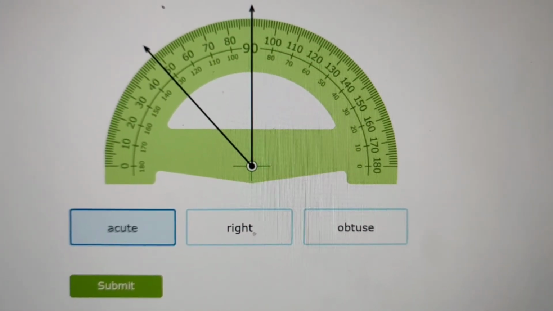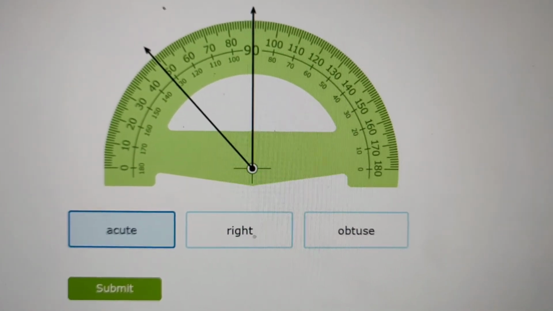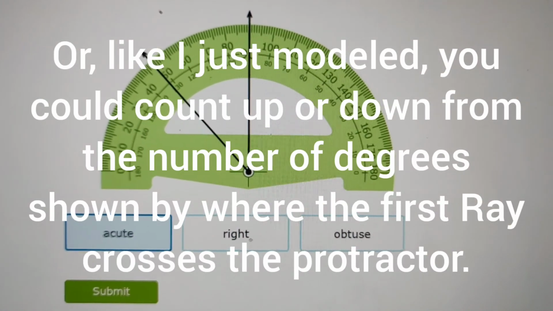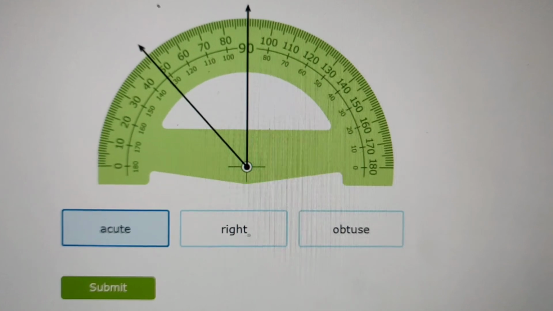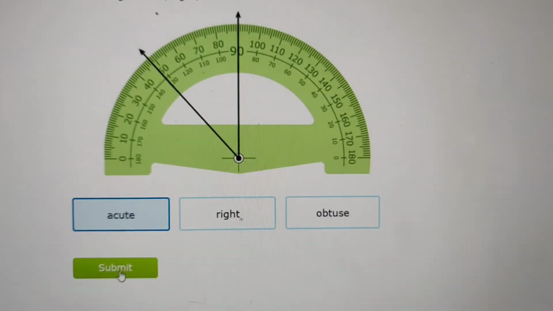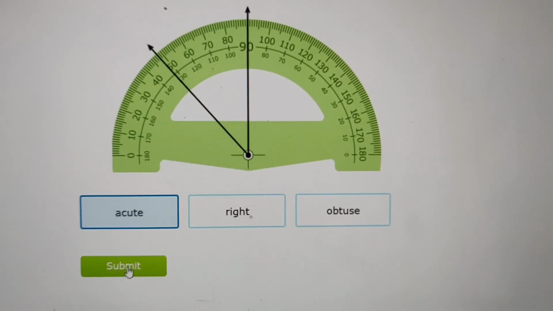So on IXL, on Z4, you might have to do a little bit of subtraction to figure it out. You're not necessarily going to start at 0 degrees to figure out whether it's acute, right, or obtuse. So since it's just a little bit above 40-something degrees, it's less than 90 degrees and it's acute.